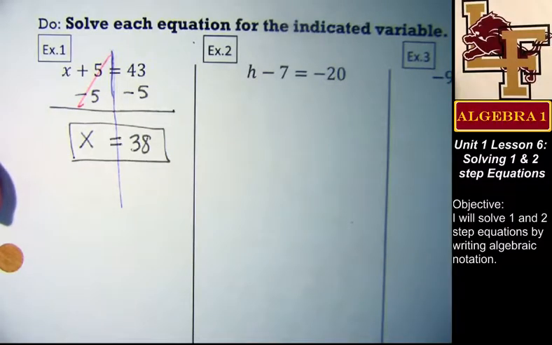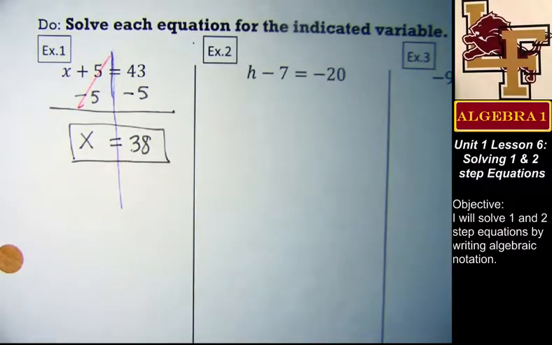That's the value that x has to be in order for this equation to be true. So if I shove 38 back in where x is, and I figure out what the left side is, I would get 43 equals 43, a true statement. If I grabbed any other number than 38, it would not work. It would give me something that's not equal to 43.